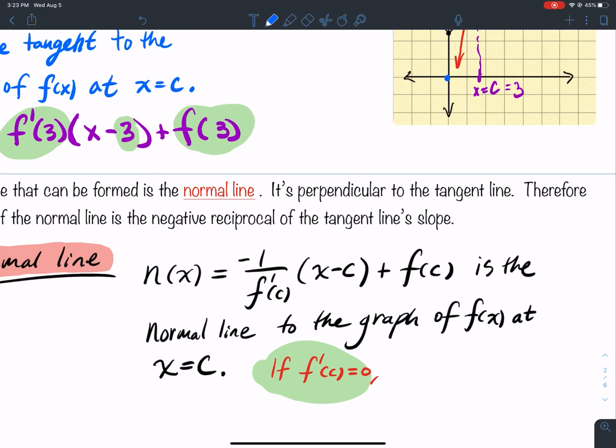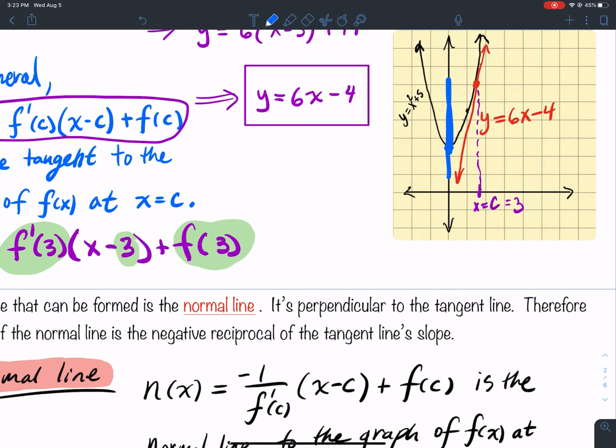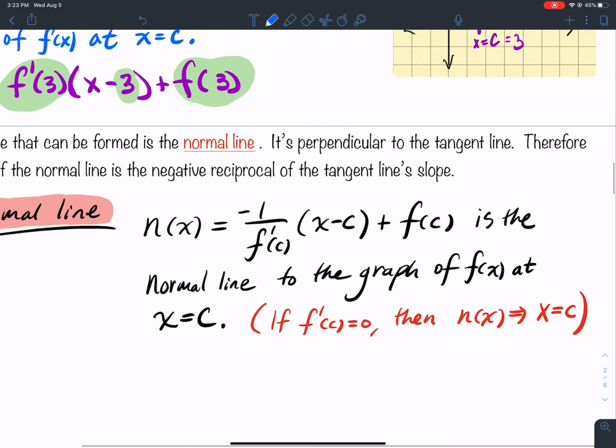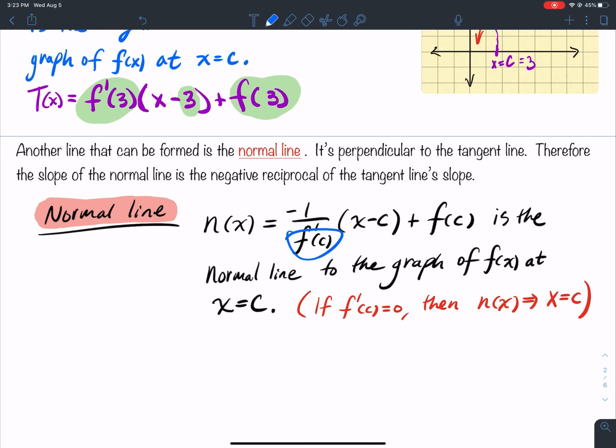Okay, so let's back that out, and we'll see that if we have f prime of c equal to 0, I don't write negative 1 over 0. That's undefined, right? I call the equation of the normal line x equals c, okay? Just like here, the normal line would be this vertical line, x equals 0, okay? That's the equation of the normal line there.